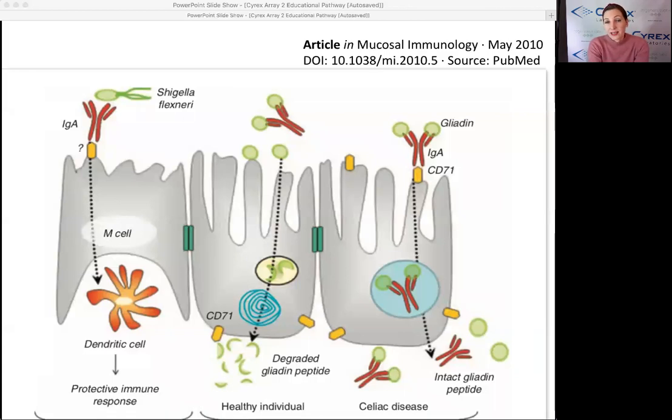So the body does that, and it's a protective mechanism in order that the gut doesn't become damaged by the infection. So we see that this mechanism can be beneficial because, of course, the body doesn't do anything for no reason. So it can be beneficial and protective, and it can also be problematic and upregulate or directly contribute to autoimmune disease.